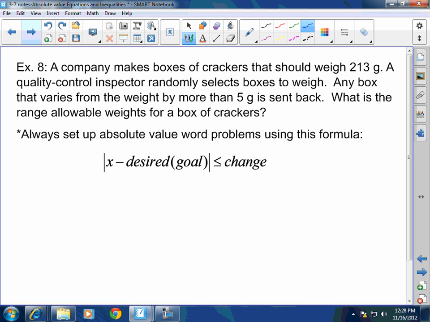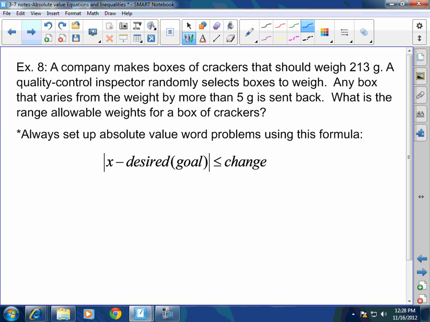Any box that varies from the weight by more than 5 grams is sent back. So do you know what varies means? It changes, right? If it's above by 5 or if it's below by 5, I have to send it back. What is the range of allowable weights for a box of crackers?